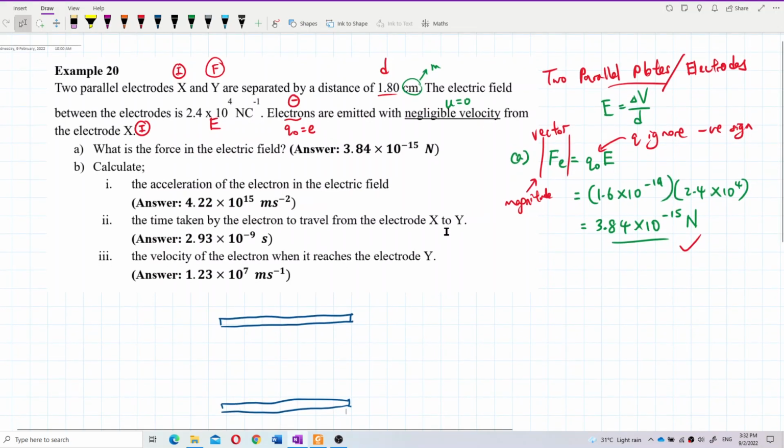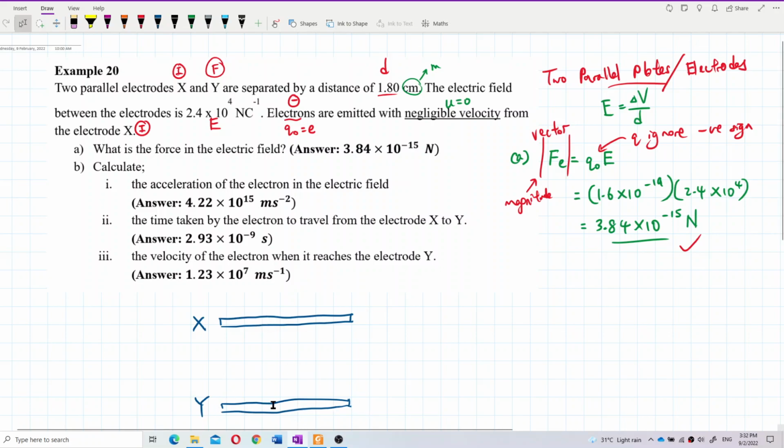Which one is X? Never mind, maybe I put X over here and Y over here. This is my X and this is my Y.